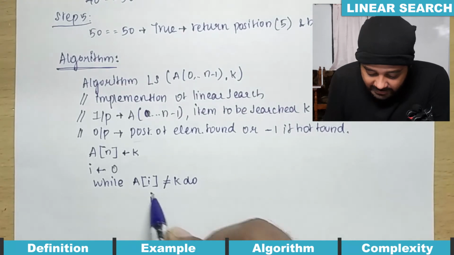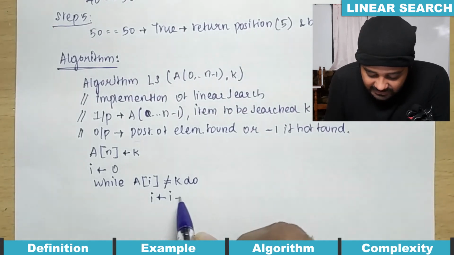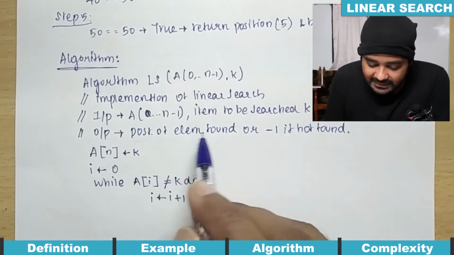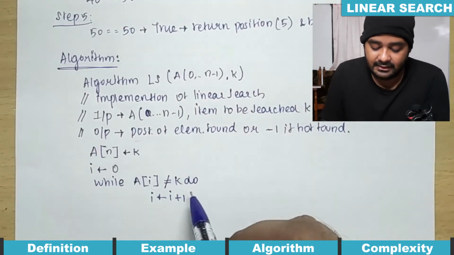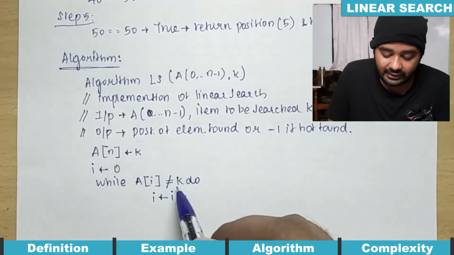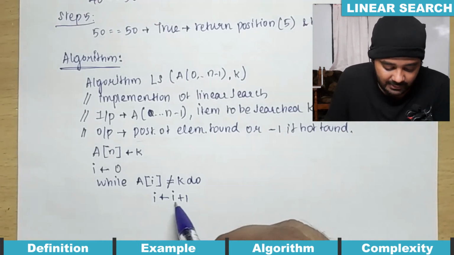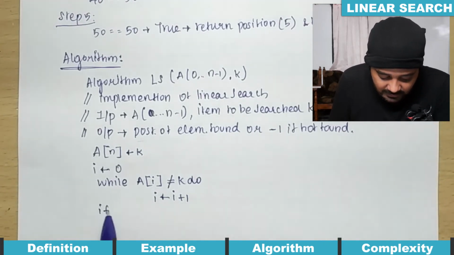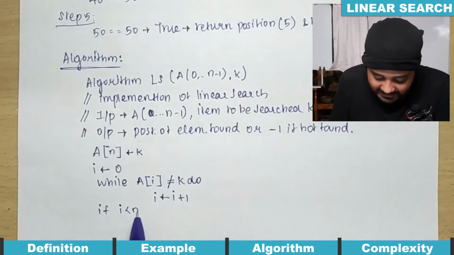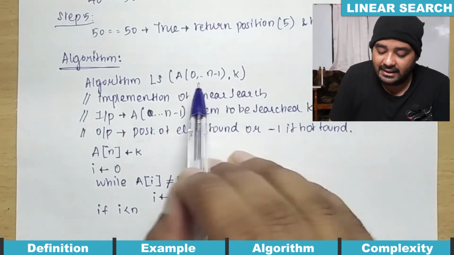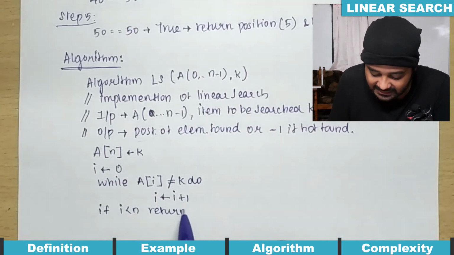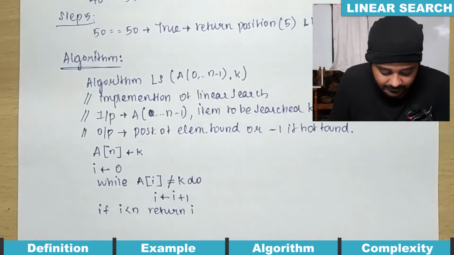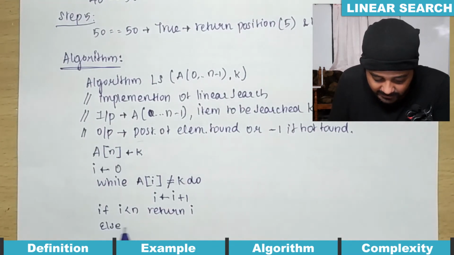Right, so what I do is increment the value. This is for moving on to the next elements, right? So this continue is happening. If the particular element is not equal, we just continue with our loop. So what happens if i is less than n? Which means that if the element is found, we return i. Else we return -1.